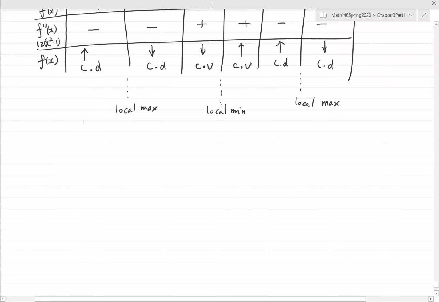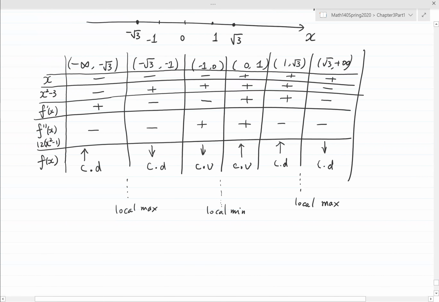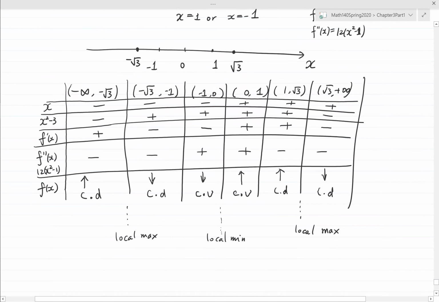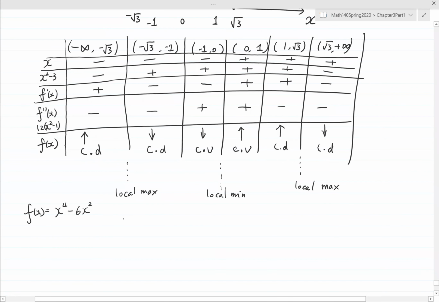Okay, now let's see what the maximum and minimum are. The function here is f(x) is x to the power 4 minus 6x squared. So the local max f at negative root 3. First of all, f is an even function, so it is symmetric, so we only need to plot half of its graph, and the other half we can get with symmetry.